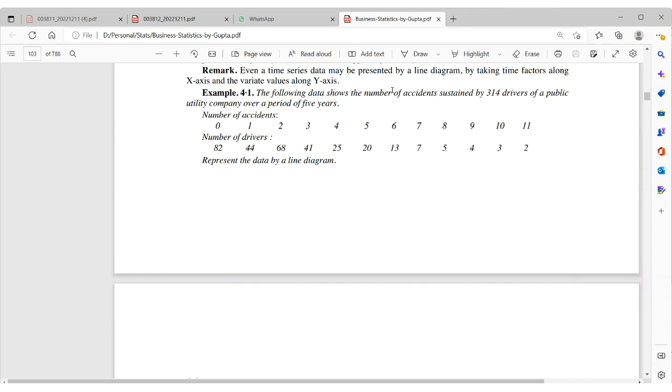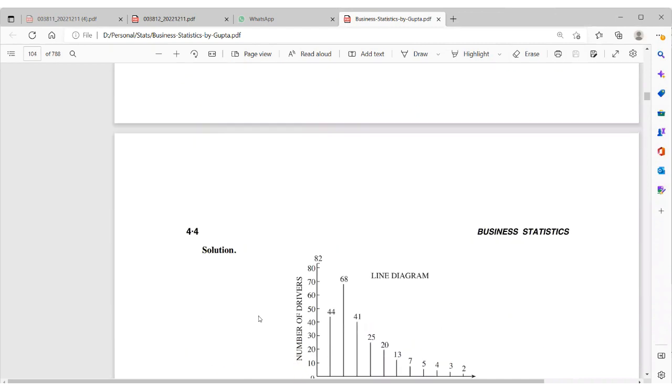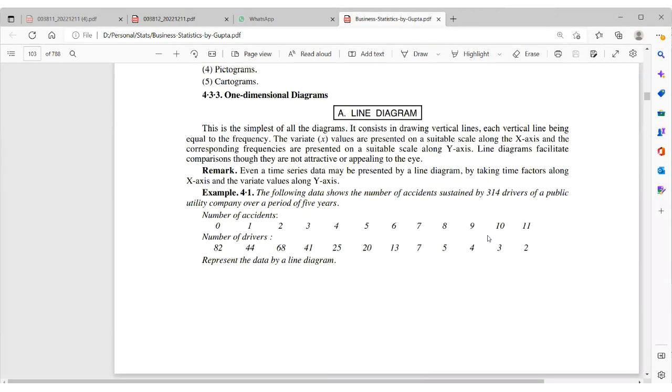In this example, the following data show the number of accidents sustained by 350 drivers of a public utility company over a period of 5 years. So the number of accidents and number of drivers. Number of accidents is 0 to 11. That means 0 accidents, there are 82 drivers. Similarly, 44 drivers have 1 accident. 68, 2; 41, 3; and so on like this.